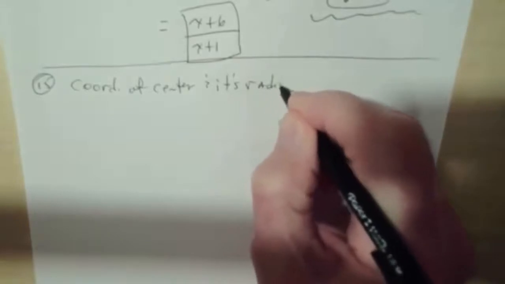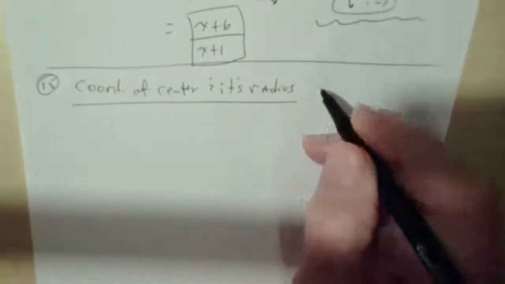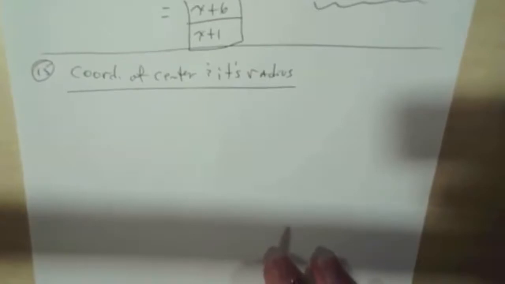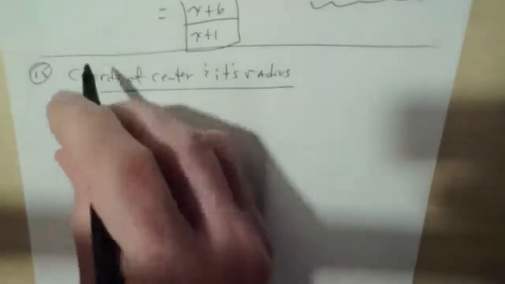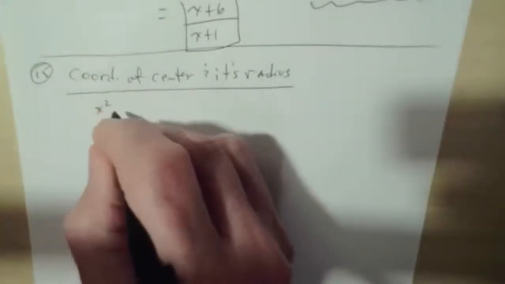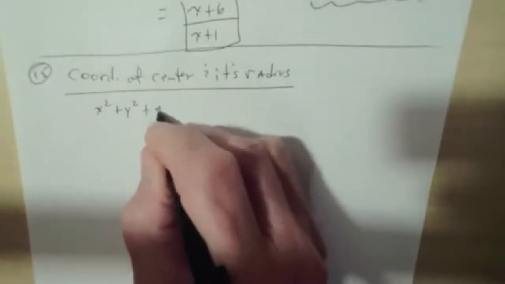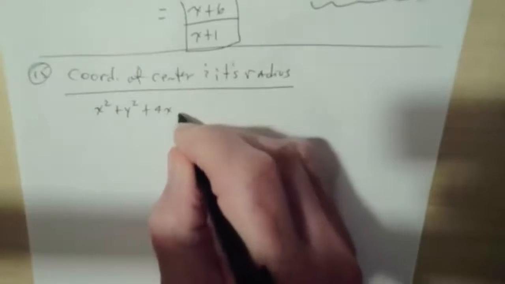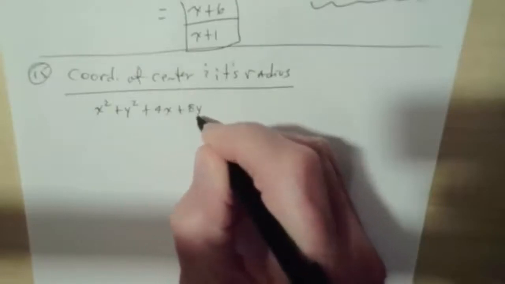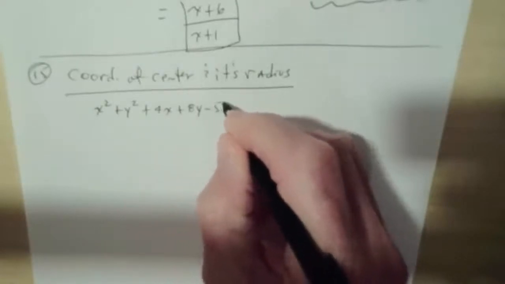Okay, so if you're given x squared plus y squared plus 4x plus 8y minus 5 equals 15.